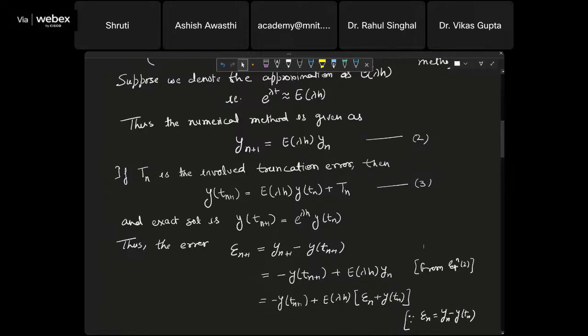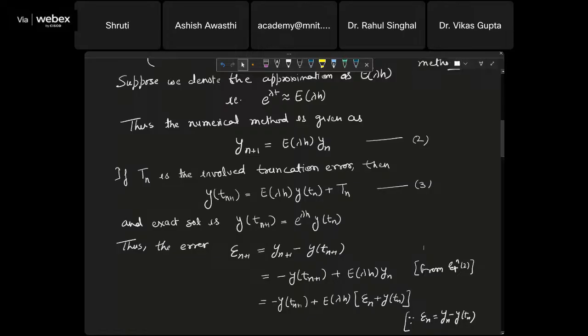Okay, so with the help of this, now we can write down the total error involved at step n plus 1. So that will be the difference between the exact value and the approximate value, y tn plus 1 minus y sub n plus 1. So using equation number 2, we can write this difference as written over here.